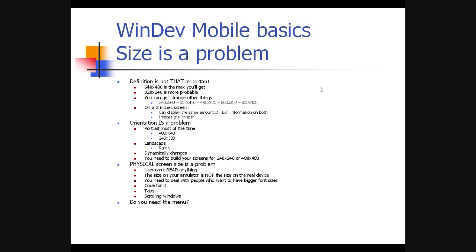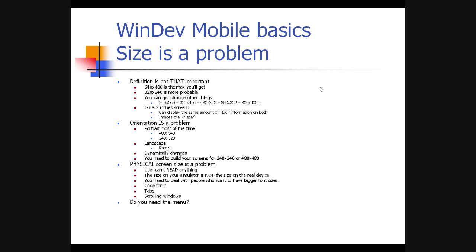And remember, on a device where the real estate is so rare, do you really need the menu? On a Windows mobile device, typically you have not only the taskbar that is at the bottom of the screen in Windows, but you have a taskbar and a window bar.